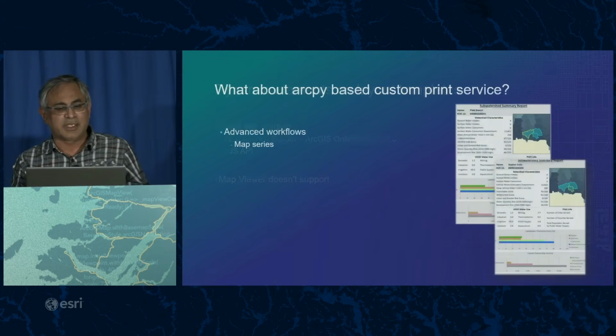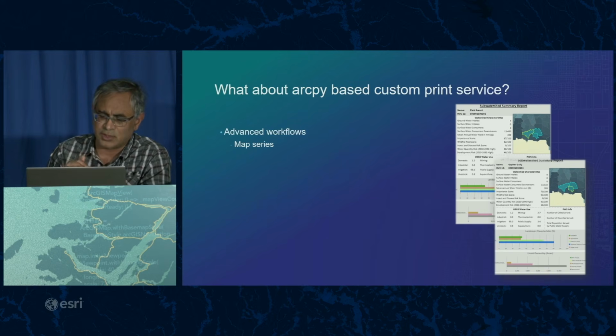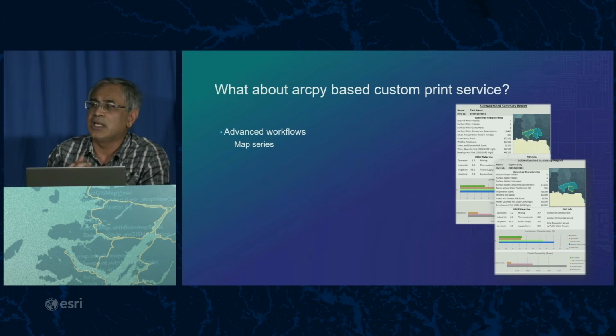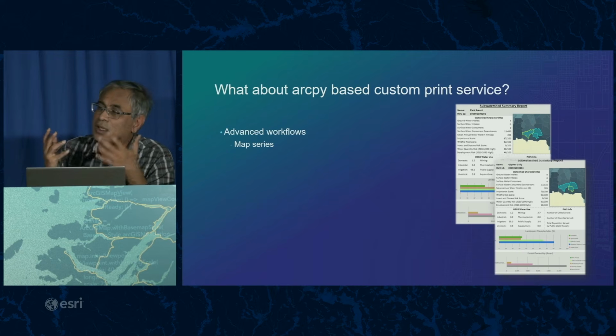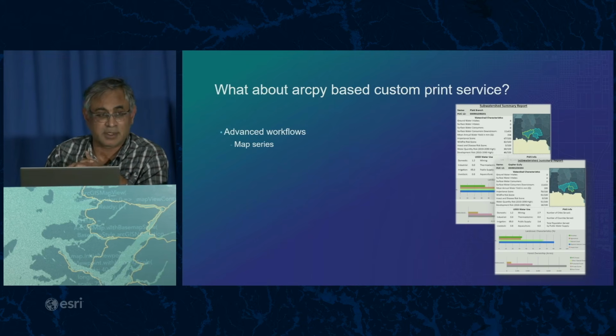One thing is the custom print service, we kind of touched base on in the previous tech session too. There are some cases where you really need some workflow that may not be supported by the out-of-the-box print services. So you really need to write your own ArcPy-based solution. And this is where the ArcPy-based custom print service comes into the picture.